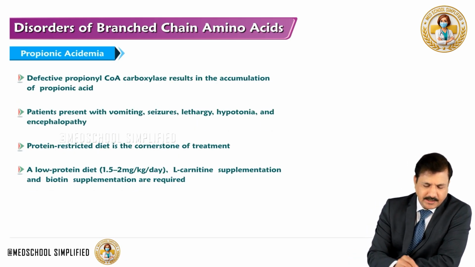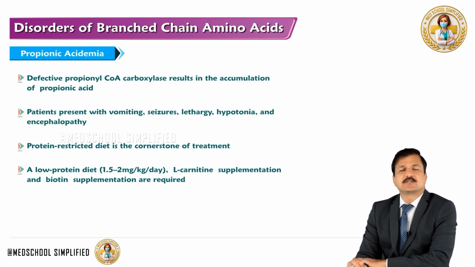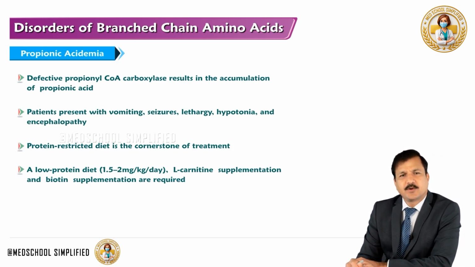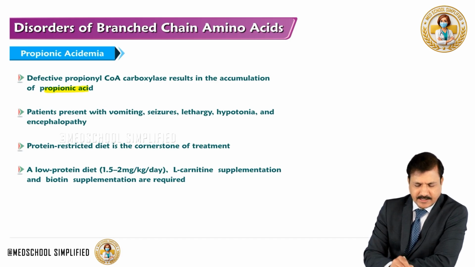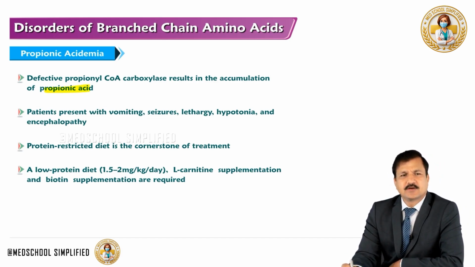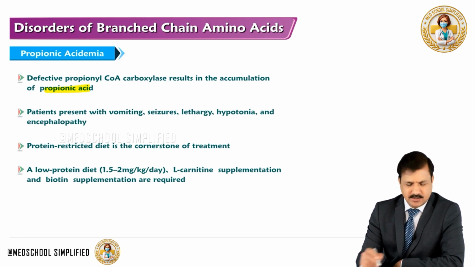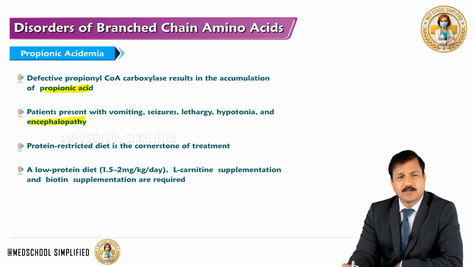Coming to propionic acidemia. Propionic acidemia is because of a defect in the enzyme propionyl-CoA carboxylase, which will result in accumulation of propionic acid, and buildup of propionic acid will lead to seizures, lethargy, hypotonia, and also changes in neuronal metabolism leading to encephalopathy.